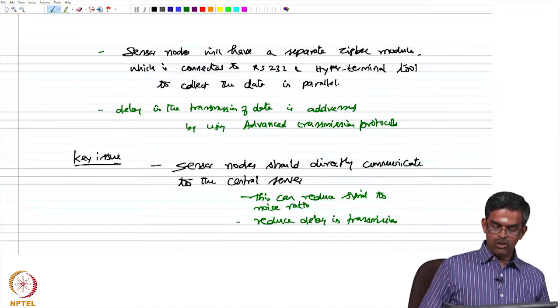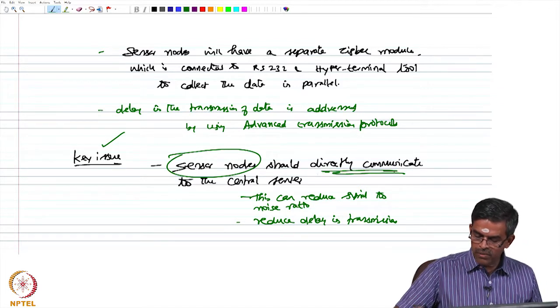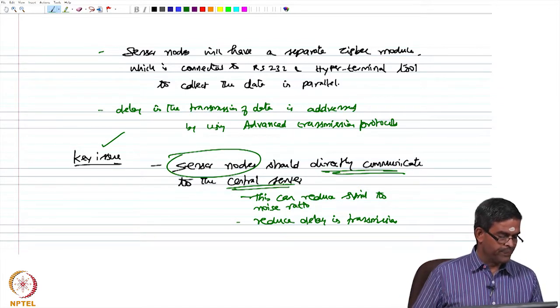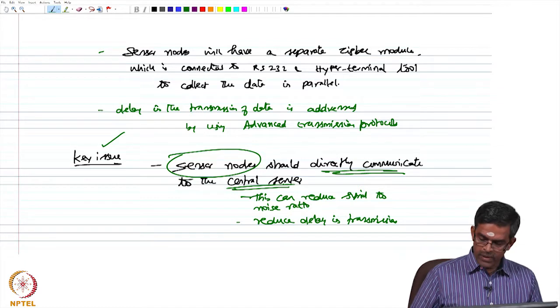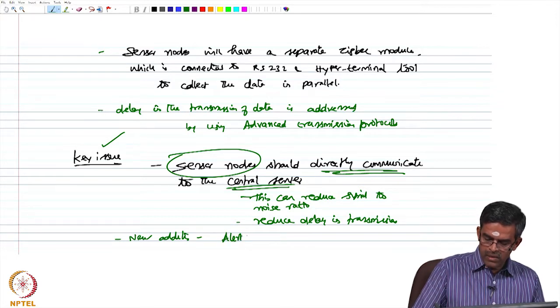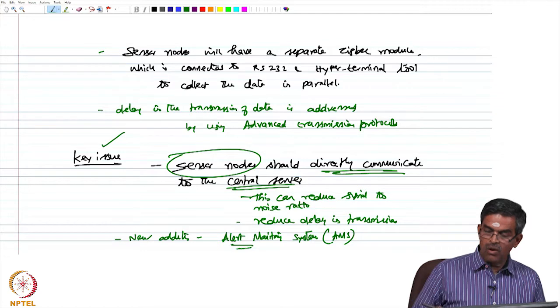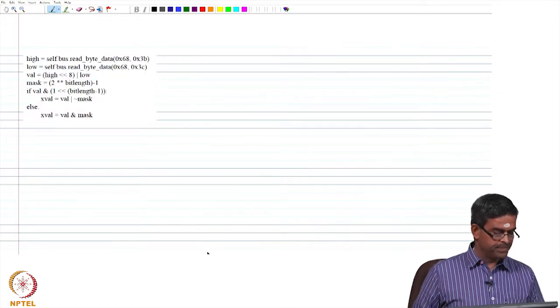So, the desired issue is now sensor nodes should directly communicate to the server. Further, a new addition is also done in the SHM 2, which is the alert monitoring system. Not only the health monitoring, but alert monitoring system is also now added to the design.